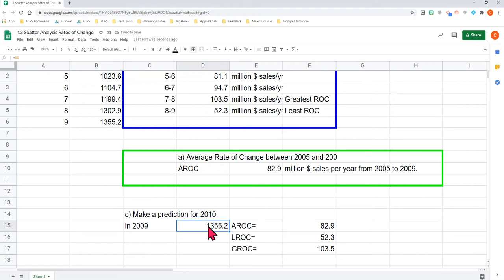So when you click on each of these numbers, you want them to be linked to the cell where you first entered that data. Okay, enter. Whenever you see something highlighted, you always want to press enter to get the highlighting to come off. Okay, so the average rate is right here. Got it. Okay, the least rate is right here. Okay, got it.